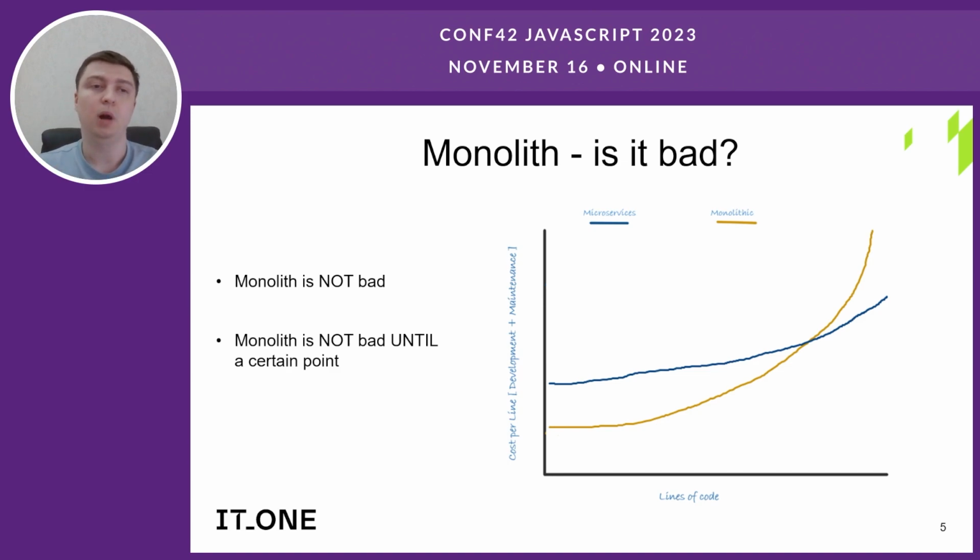First point, monolith is not bad. It's a really good decision when you have a small or medium application. And second, monolith is not bad until a certain point. And there is another main question: how to recognize this point after which microservices will be cost effective.